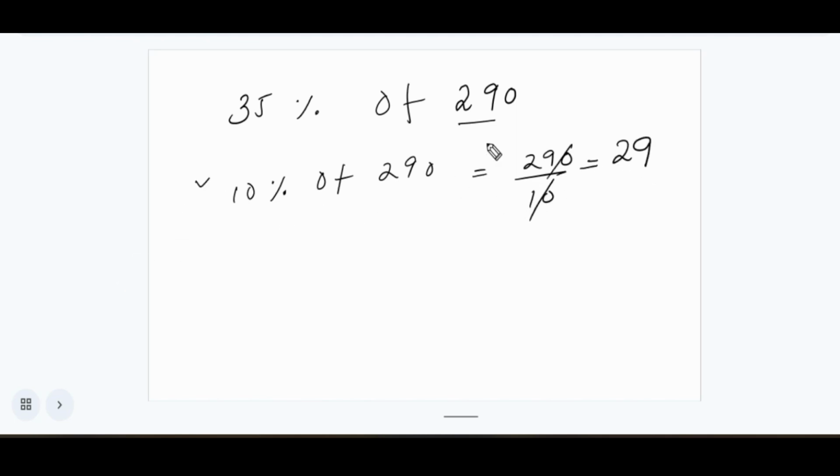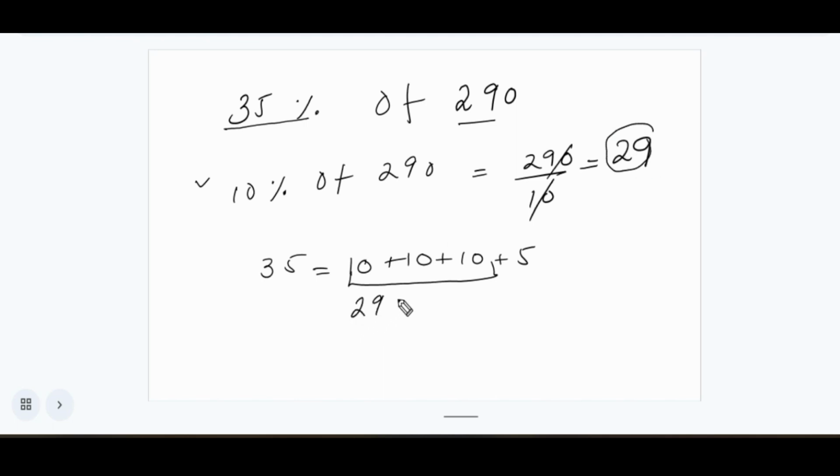Clear? Okay, now we need to find 35%. That means 35 can be broken as 10 plus 10 plus 10 plus 5, right? How many tens do you need? You need 3 tens. One 10% is equal to 29. It means we need tens 3 times, and 5% will be half of 10%.